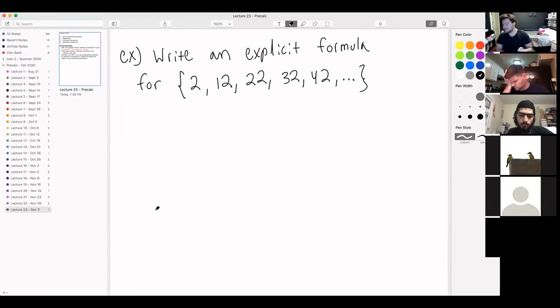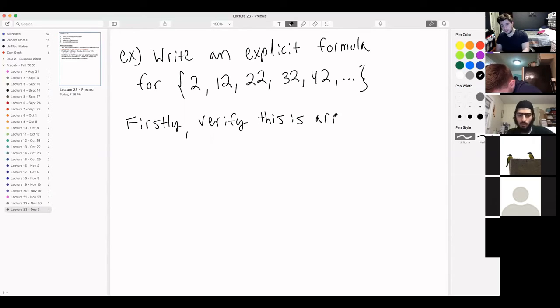Okay, so firstly, you need to verify that this is in fact an arithmetic sequence. So firstly, verify this is arithmetic with d equals, okay, what's the common difference here?